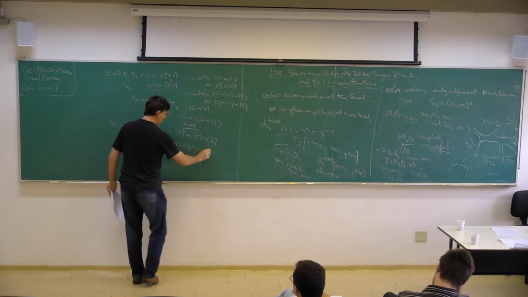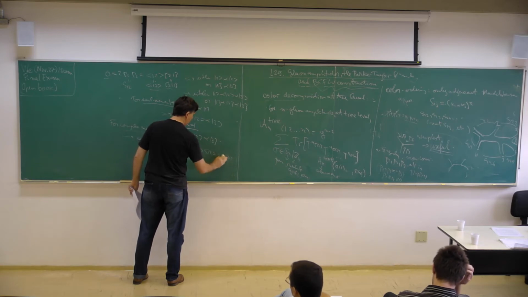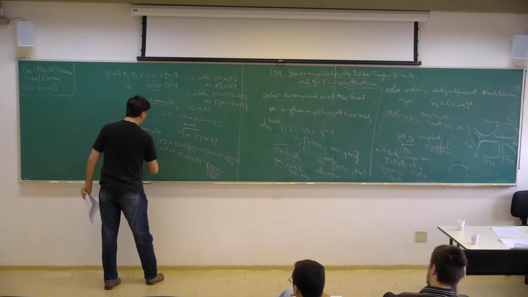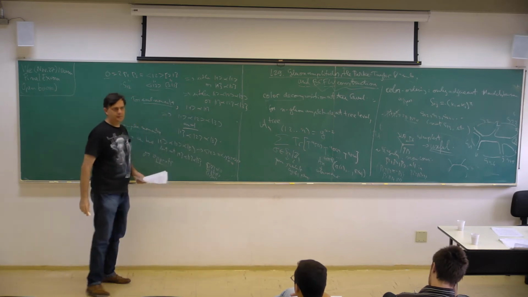And this would mean that 1, 2 equal to 2, 3 equal to 3, 1 equal to 0, but 1, 2 different from 0, and 2, 3 different from 0, 3, 1 different from 0, or the opposite, or these 0 and these non-zero, right?